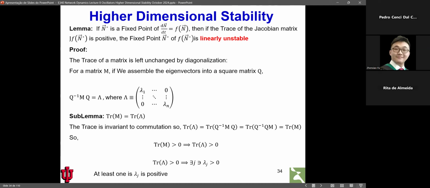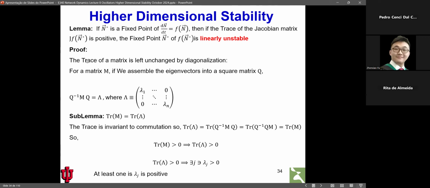Now, what he's saying is that not only can you look at the Jacobian matrix and calculate all the trajectories if you are near enough to the fixed point n star, right?